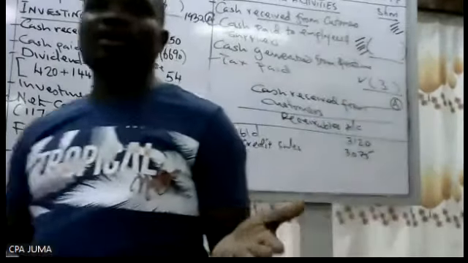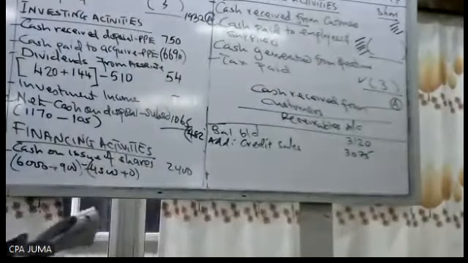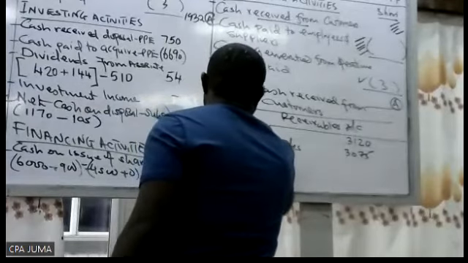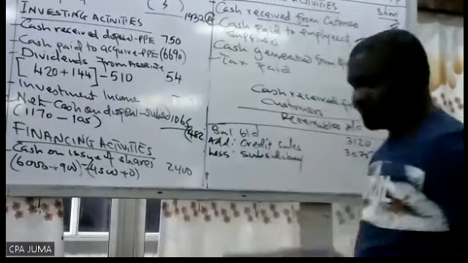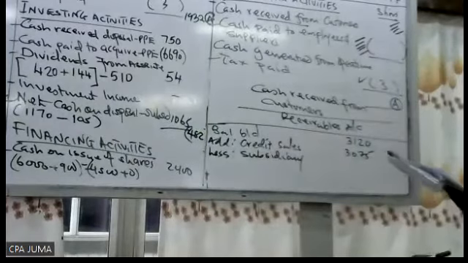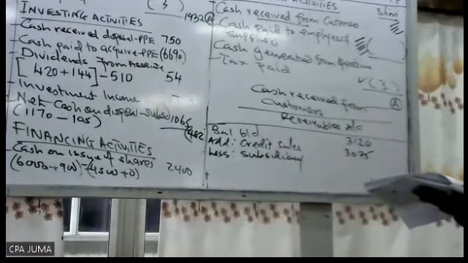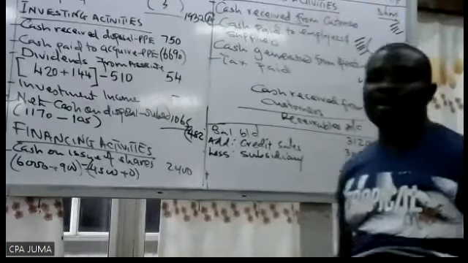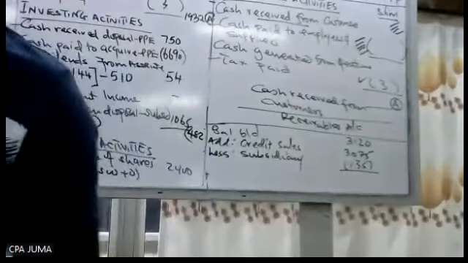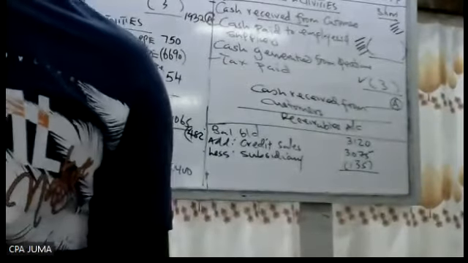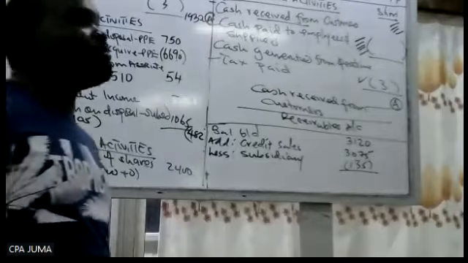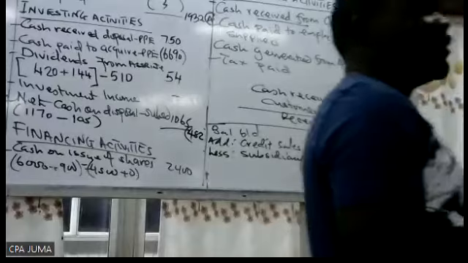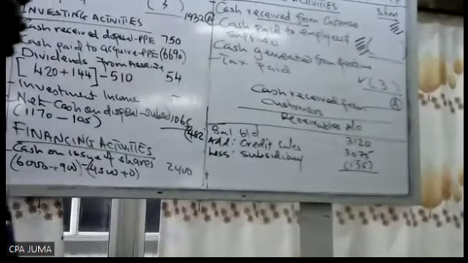So this balance brought down, top up your credit sales, less subsidiary. Subsidiary left with 135. Check what the balance ought to have been, then compare with the closing. The decrease is what we received from customers. How much?